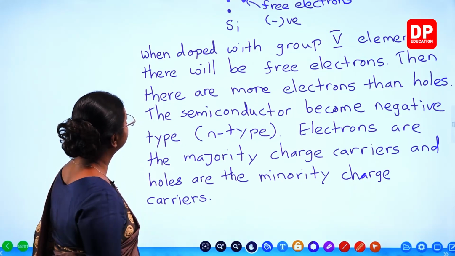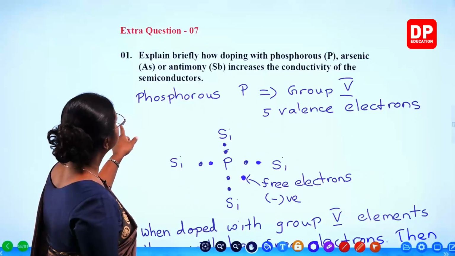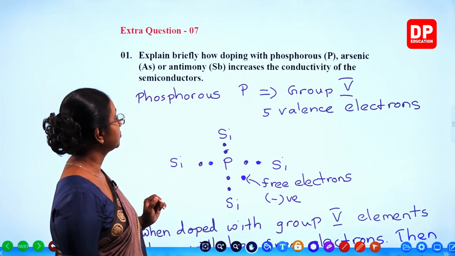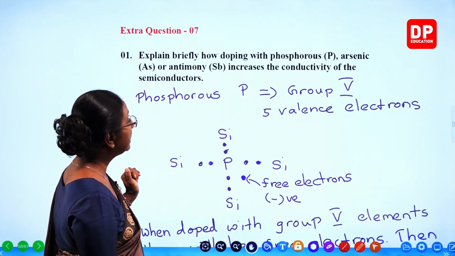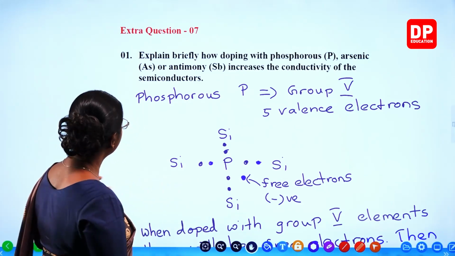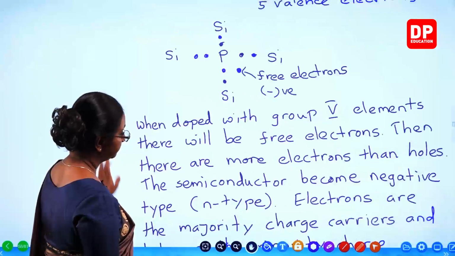So here the question is to explain briefly how doping with phosphorus, arsenic or antimony increases the conductivity of the semiconductors.